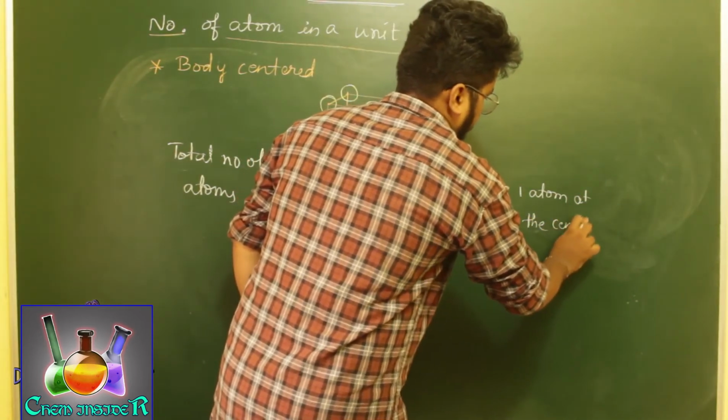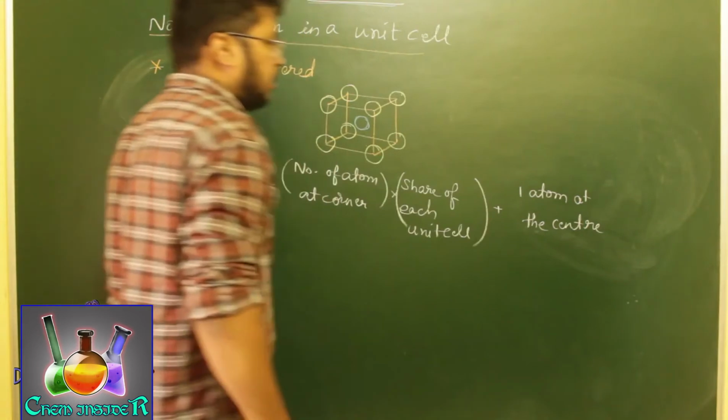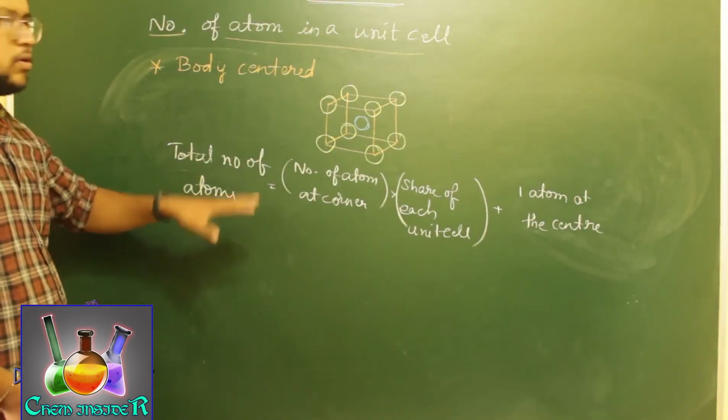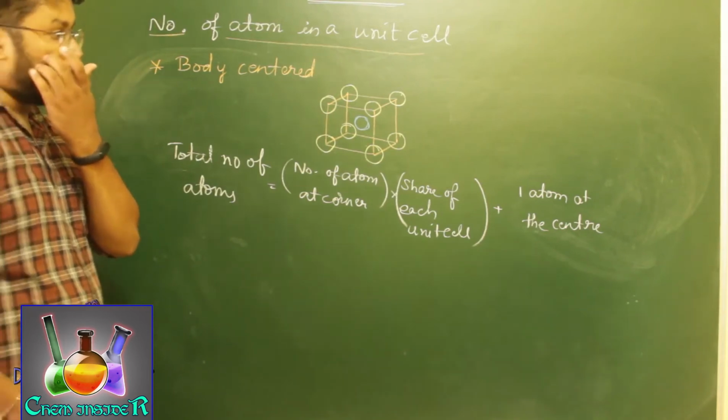This one atom present at the center will not be shared by any other unit cell, it completely belongs to this particular unit cell, therefore we will take 1 over there.